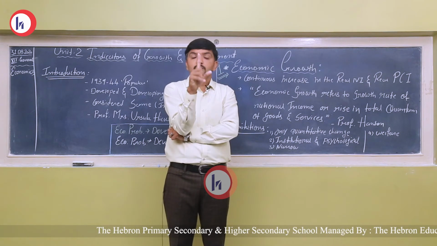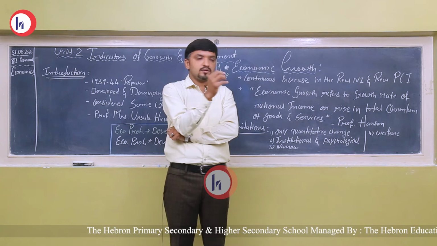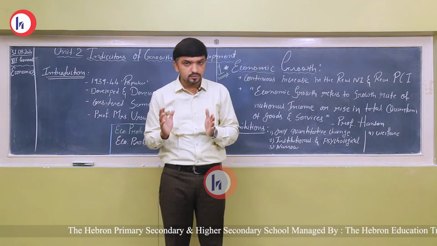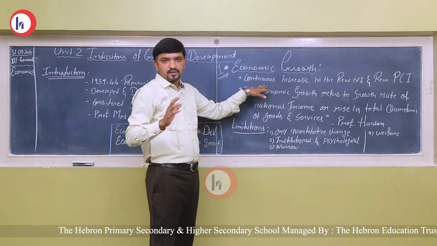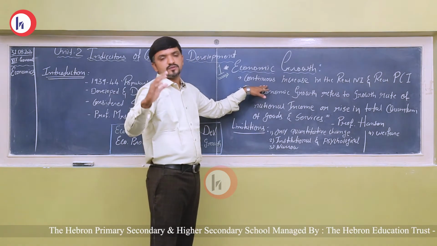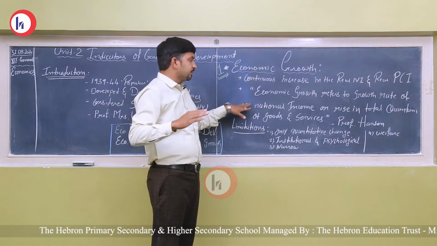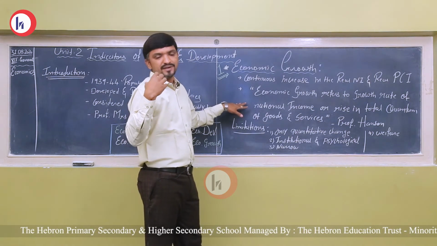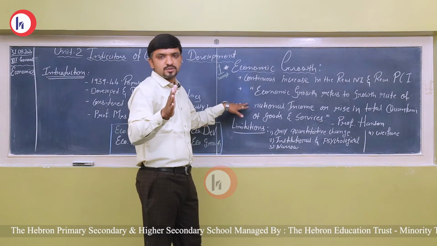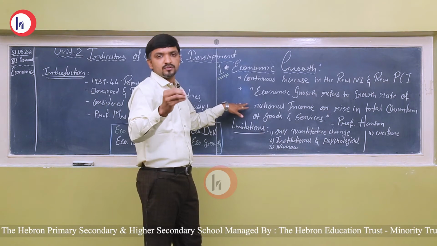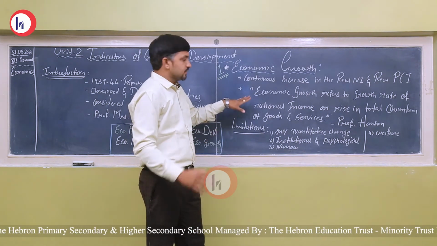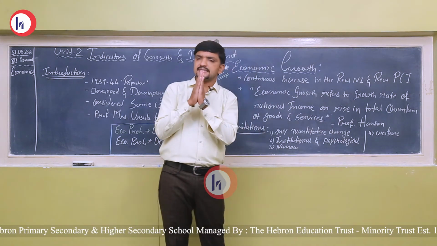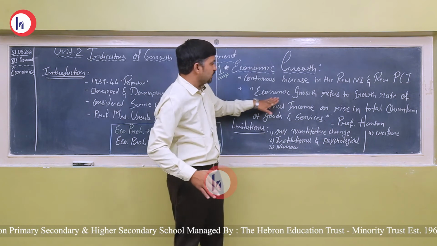The simple meaning is given for basic understanding, but in the examination, if you want to present your answer in a better way, the definition given by any author or economist must be written.